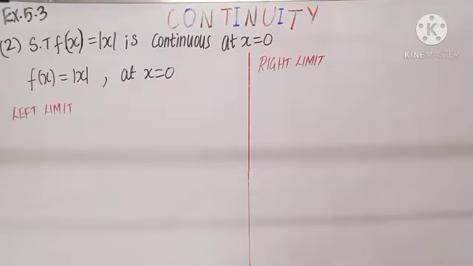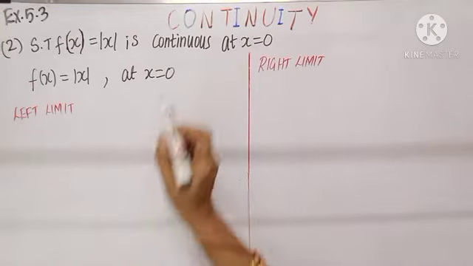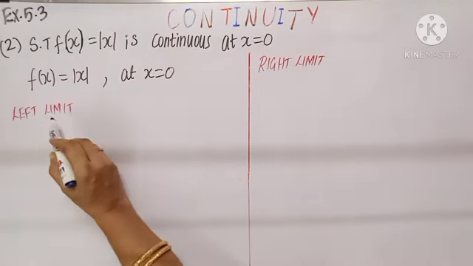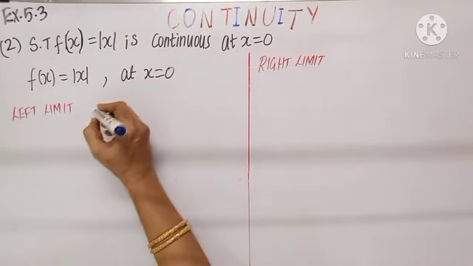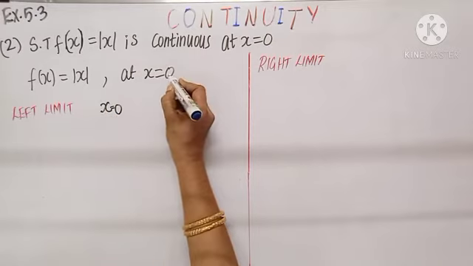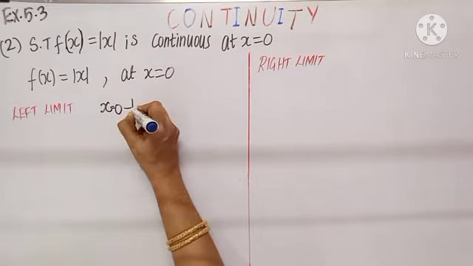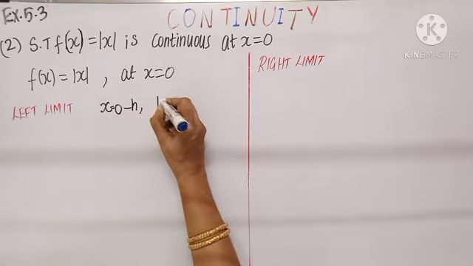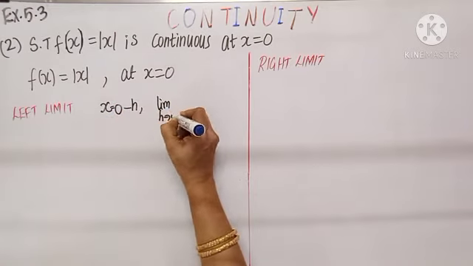Question number 2. Show that f of x equals mod x is continuous at x is equal to 0. Left limit: wherever x is coming, we have to put 0, we will need to check. So wherever x is coming, 0 minus h, limit h tends to 0.